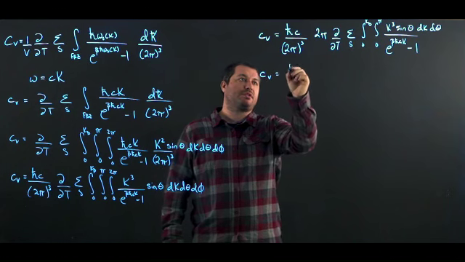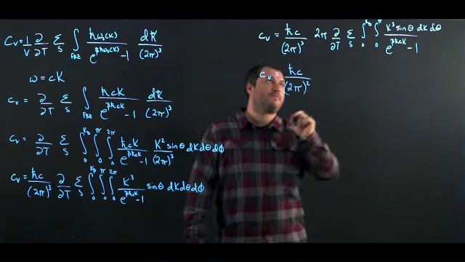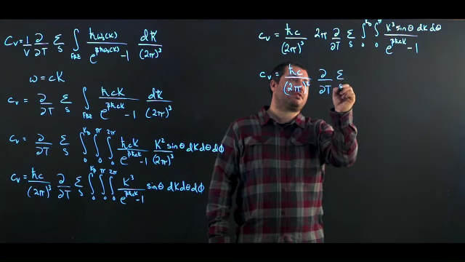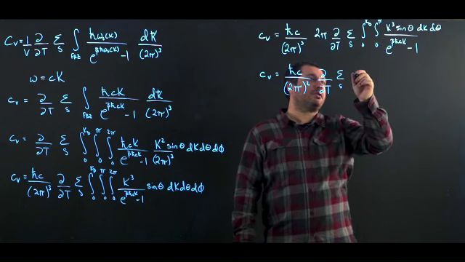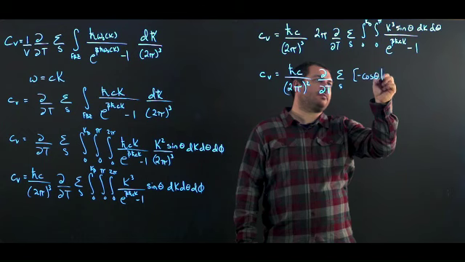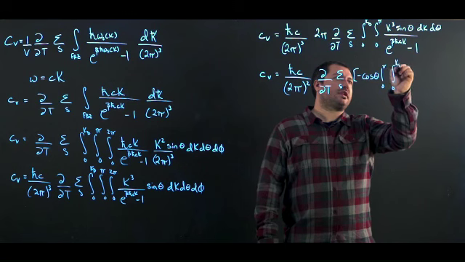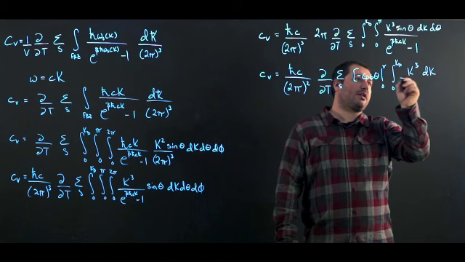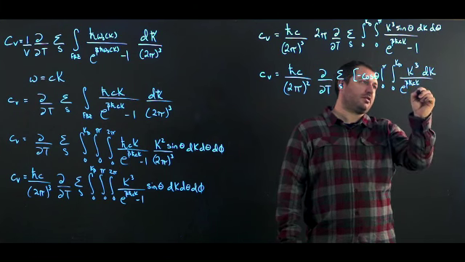So I've got C_V is equal to h bar c over 2 pi squared. I've got d by dT, my sum of s. Now if I look at my integral up here, I can see I've got a sine theta. So what I'm going to do is integrate that out. So what I'm going to have here is negative cos of theta from 0 to pi, and my integral from 0 to kD of k cubed dk over e to the beta h bar ck minus 1.